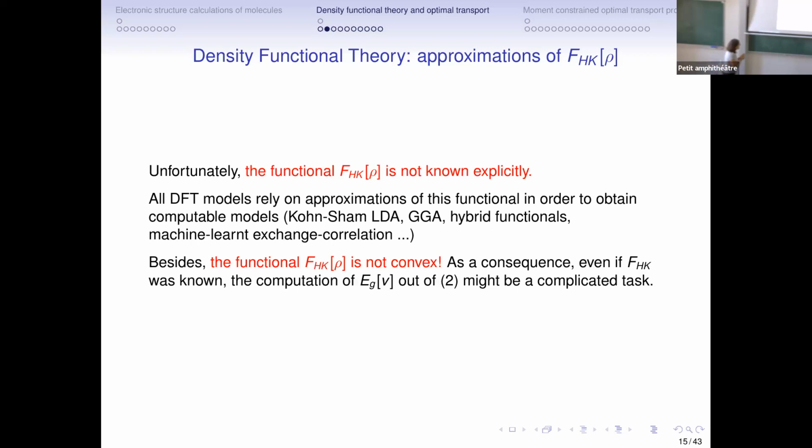Here I'm going to talk about one particular way to approximate this Wendell functional, which is based on the semi-classical limit of this functional, and which yields an optimal transport problem I'm going to explain to you. Are there questions so far?